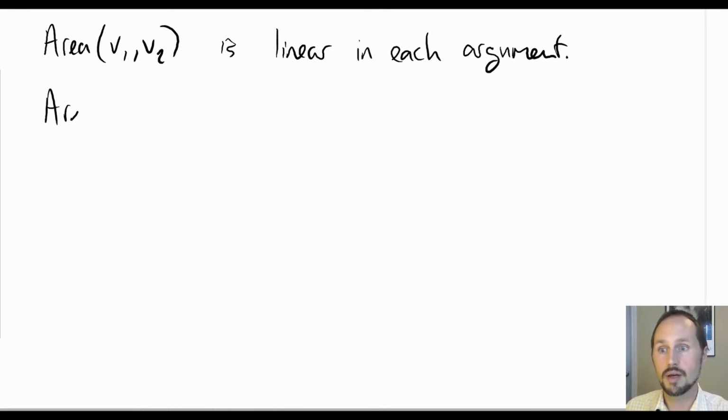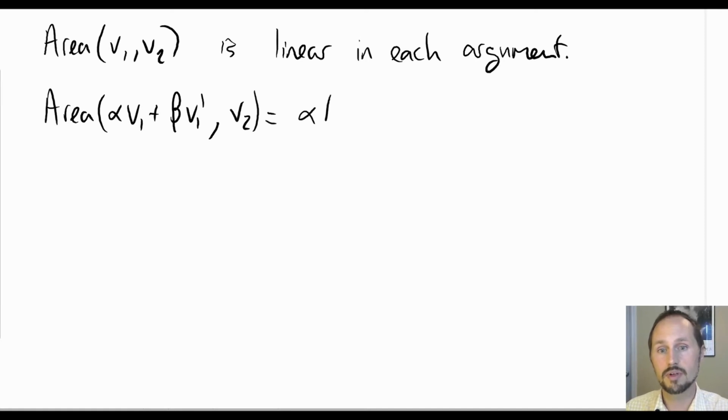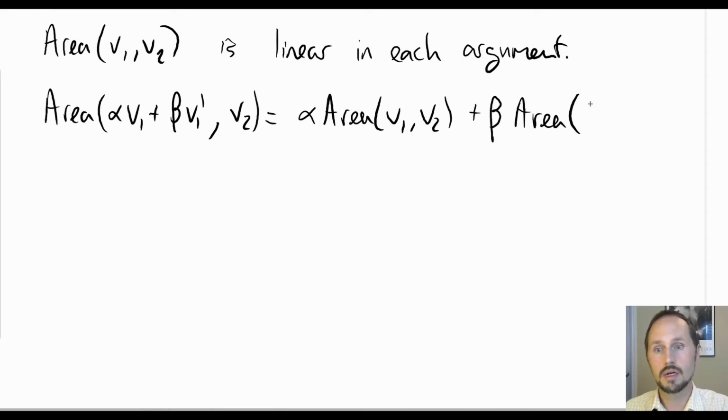That means that the area of alpha v1 plus beta v1 prime, comma v2, is the same thing as alpha times the area of v1, v2, plus beta times the area of v1 prime, v2. And then the same deal if I did the thing in the v2 coordinate.